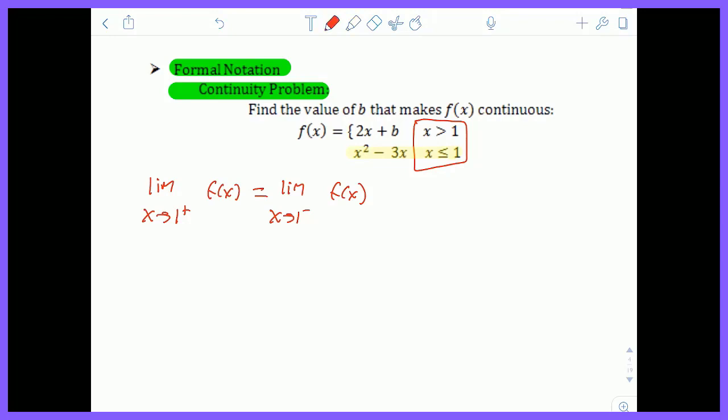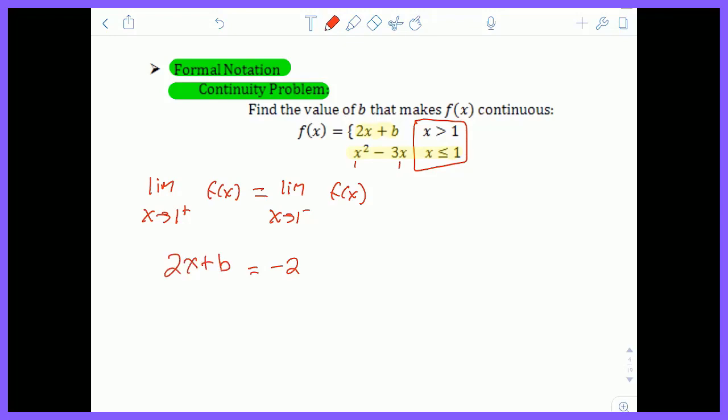But the left-hand limit can be solved. If I plug a 1 in here for x, I'm going to get 1 squared, which is 1, minus 3 times 1, which is negative 2. So the left-hand limit is negative 2. So the right-hand limit, 2x plus b, must equal negative 2.